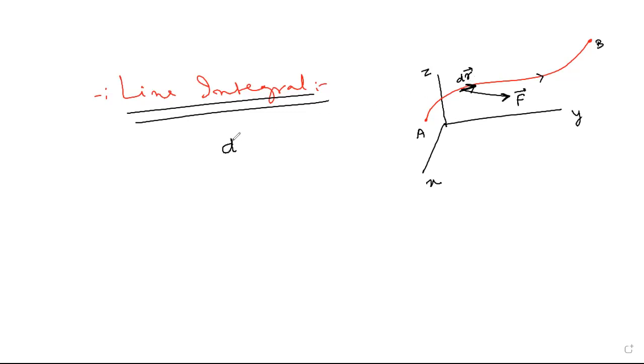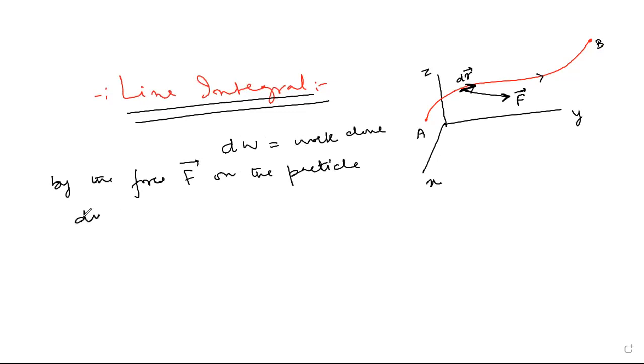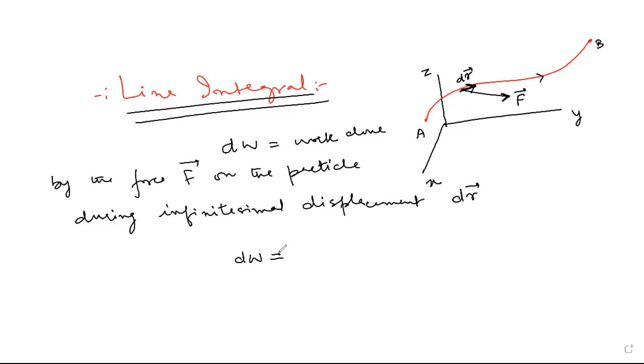If dw is the work done by the force F on the particle during infinitesimal displacement dr, then dw by definition of the work is equal to F dot dr, right?